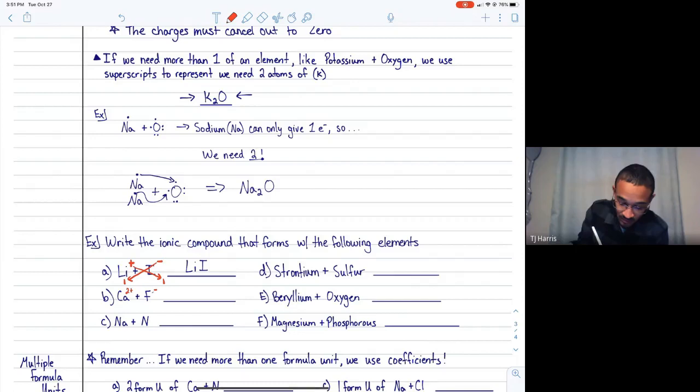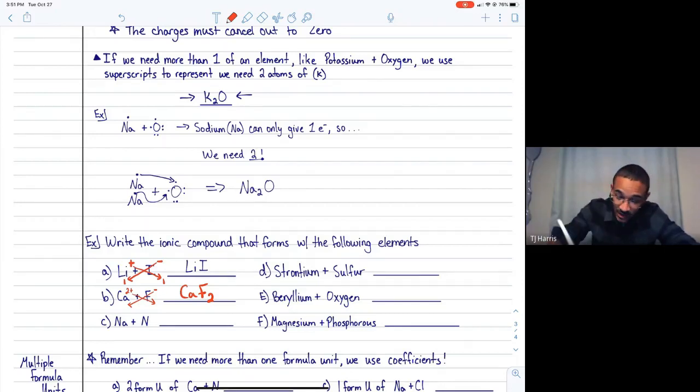If I draw arrows, that tells me I need 1 calcium for every 2 fluorines, because see that -1 right here? So I will have CaF2. The charges did it for us.